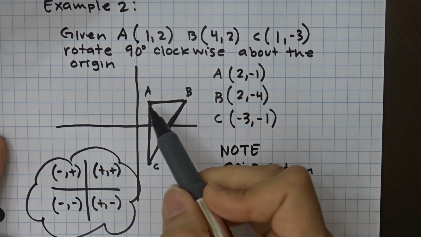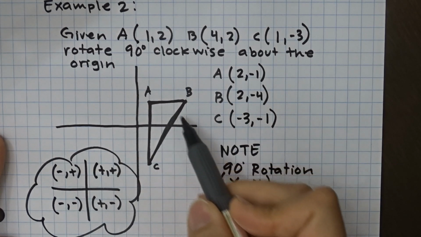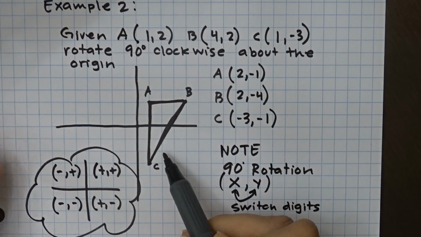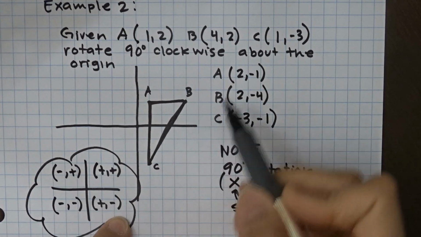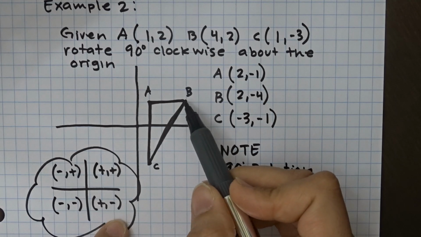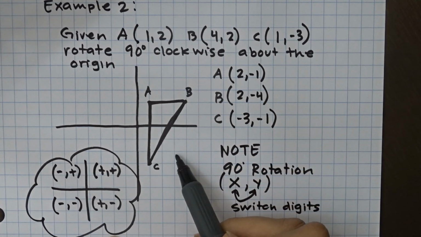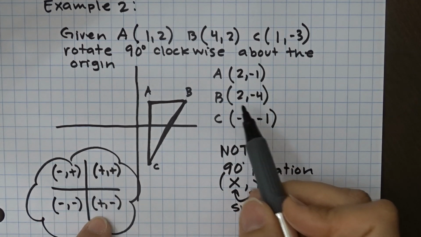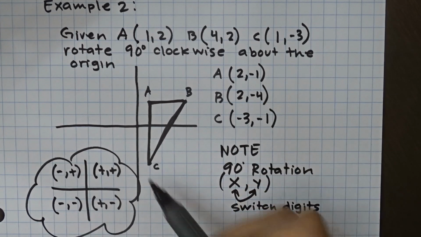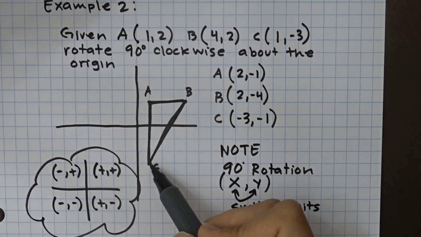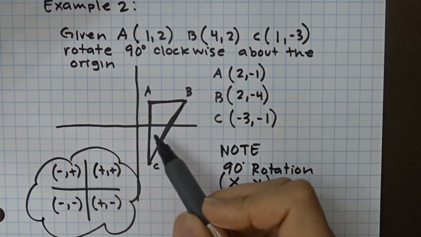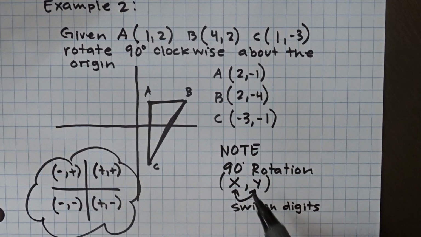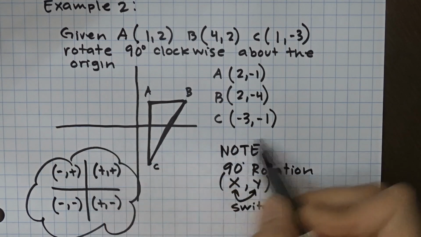So A, after a 90-degree rotation, lands in this quadrant, which has a positive and a negative. B lands in this quadrant, so I'm also going to be positive with a negative. And this point C is actually already in quadrant 4. When you rotate it, it's going to land in quadrant 3, so you're going to have both negatives.